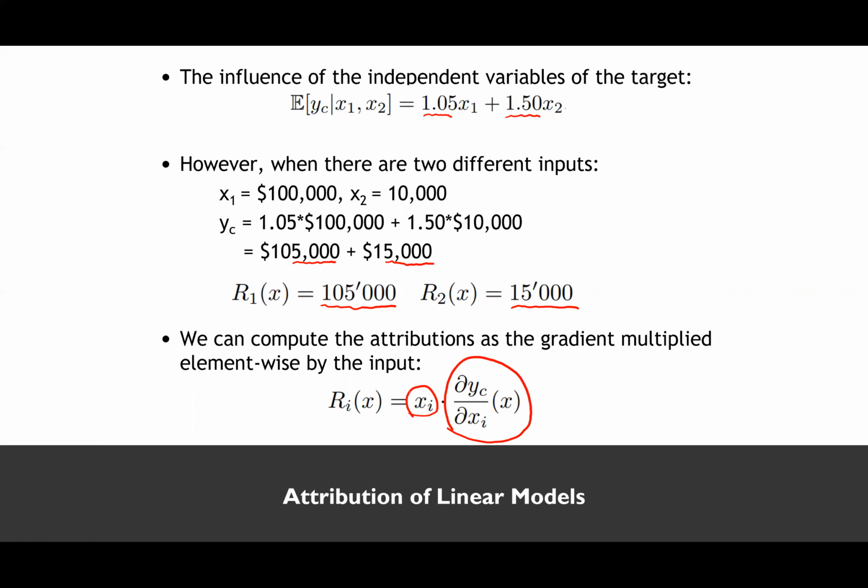Especially when the data is well normalized, so most input data has zero mean and one standard deviation, we may not have to multiply by the input. But if the individual data may have different input ranges, it would be good to multiply the gradient by the input and regard that as the contribution, the relevance score.